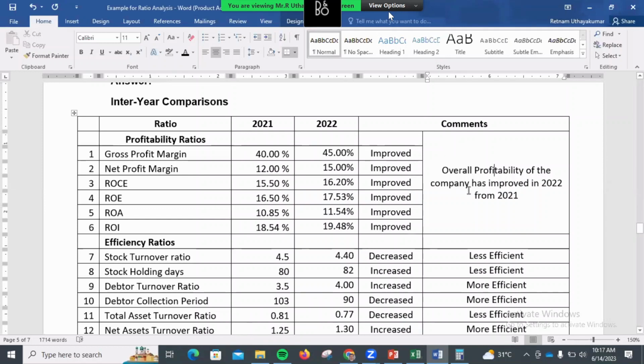The overall profitability of the company has improved in 2022 from 21. Suppose that you don't have much support on this.